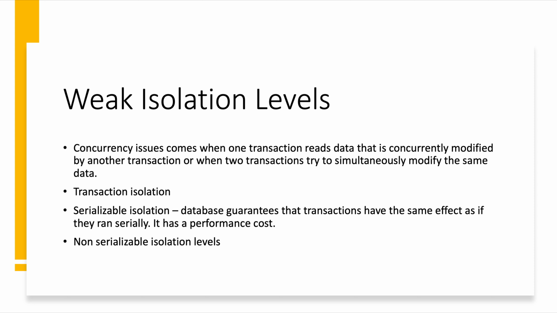So, if two transactions do not touch the same data, they do not update the same row, then they can safely run in parallel because neither of them depends on the other. So, concurrency issues only come when one transaction reads data that is concurrently modified by another transaction, or when two transactions are trying to simultaneously modify the same data.